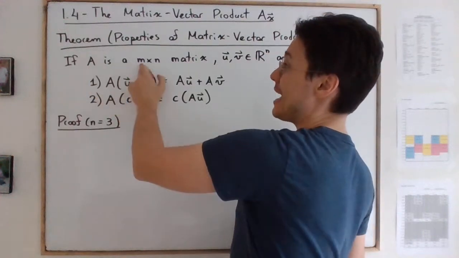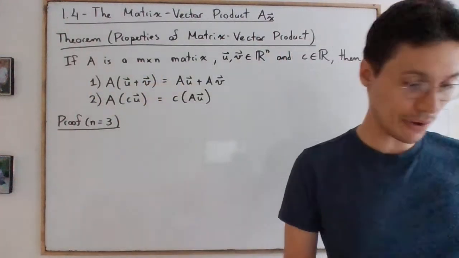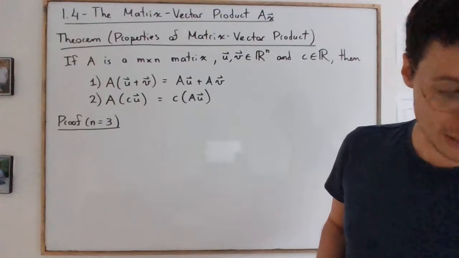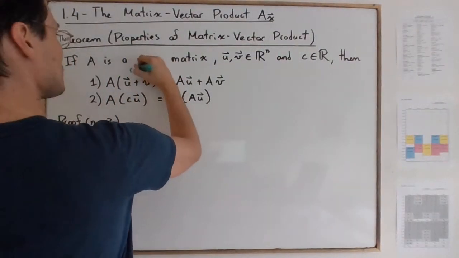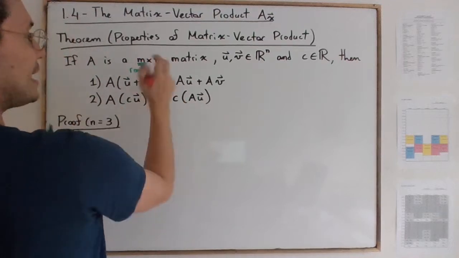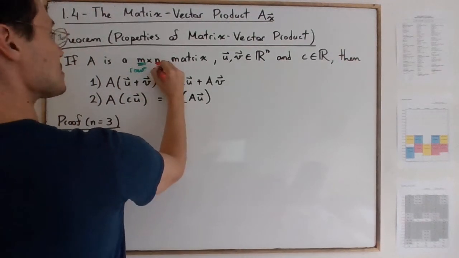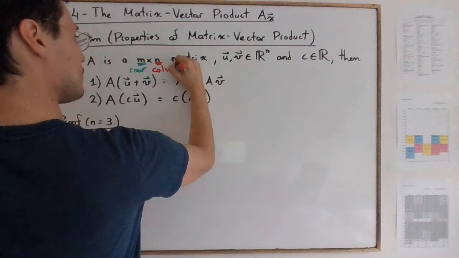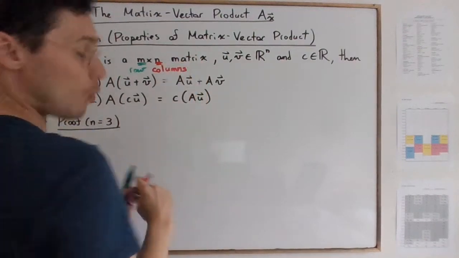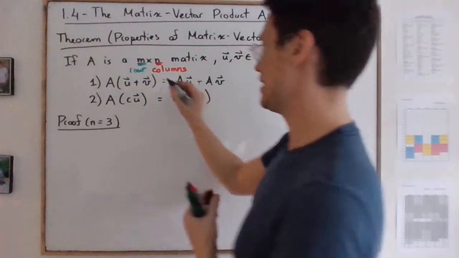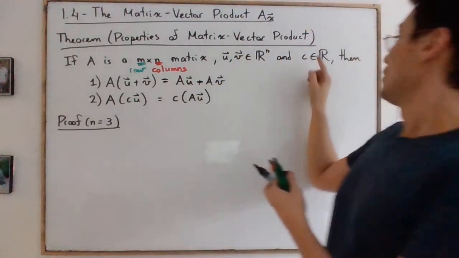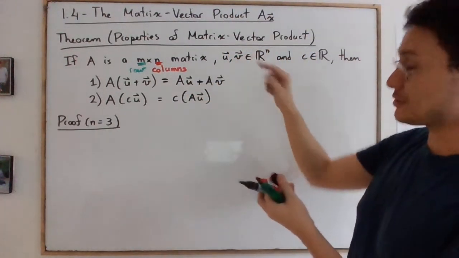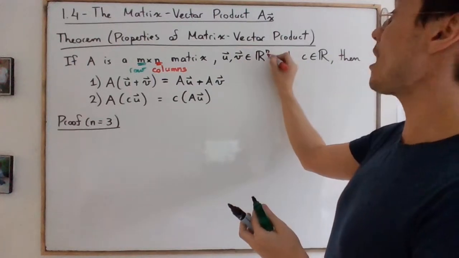If A is an m by n matrix, first of all, I should remind you once again that m is the number of rows and n is the number of columns. Why is this important? It's because u and v, the two vectors that I'm talking about, must be in Rn.